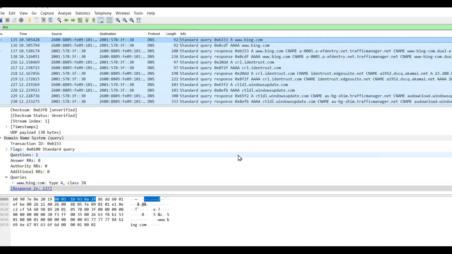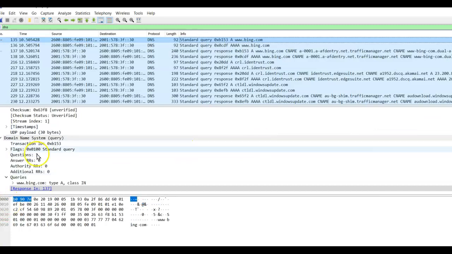This particular frame is asking, what is the IP for Bing.com? And Wireshark shows us where it is.